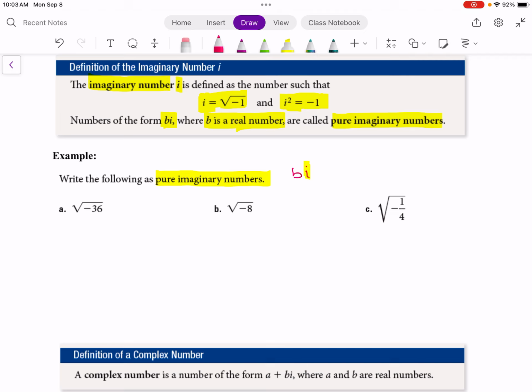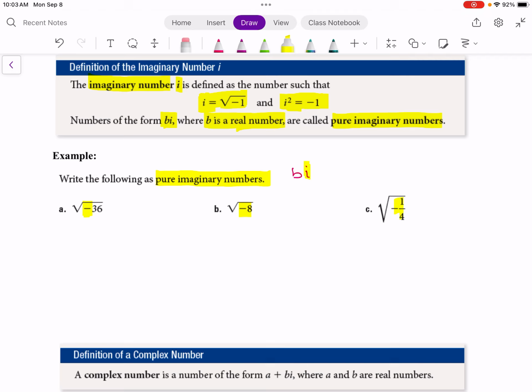Square root of 36 is a real number. Square root of 36 is 6. 6 is a real number. But square root of -36 is an imaginary number. It is not real. So if you have a negative number under the square root, then those numbers are imaginary.